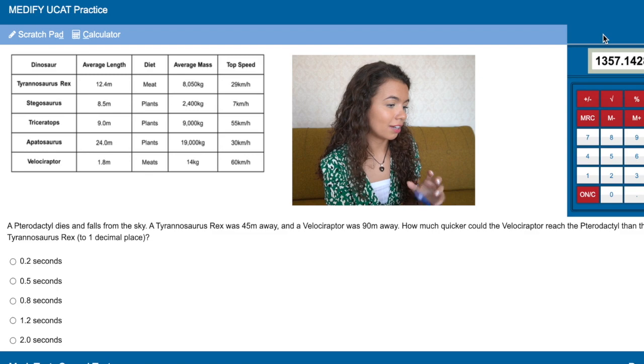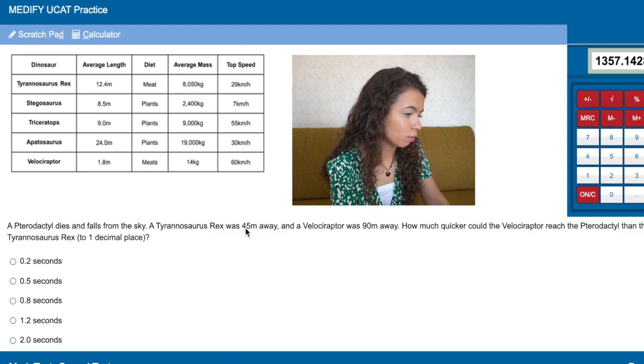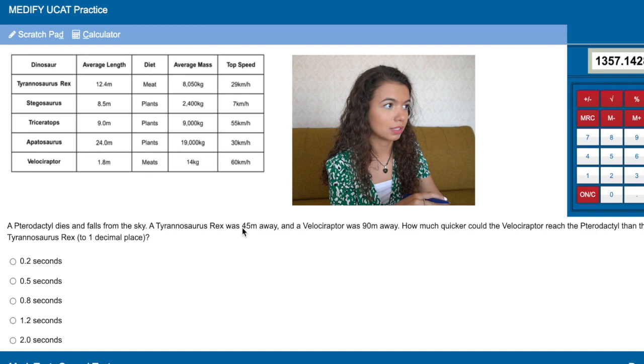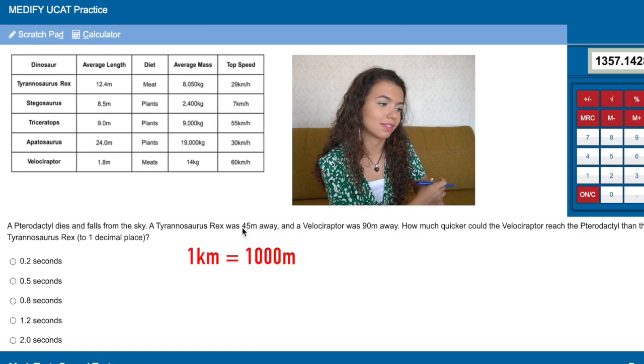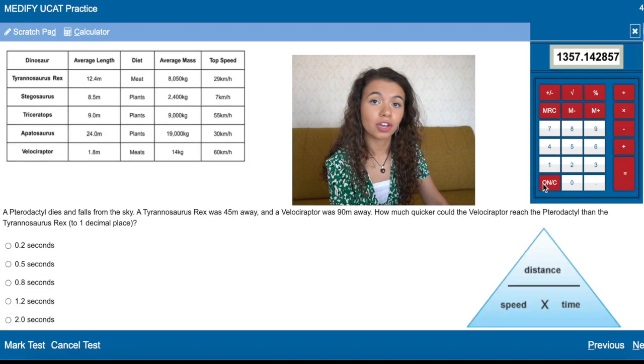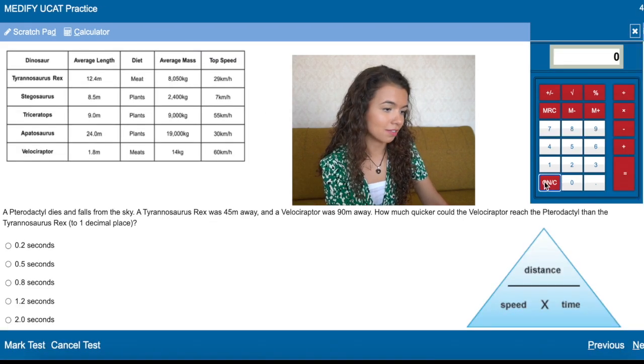So starting off with the T-Rex, it says that he was 45 meters away. Again, we have to convert from meters to kilometers. So 45 meters would be 0.045, because you have to divide by 1,000 because there's 1,000 meters in a kilometer. So the formula for time is distance divided by speed.